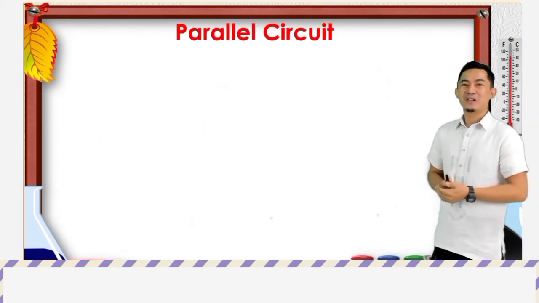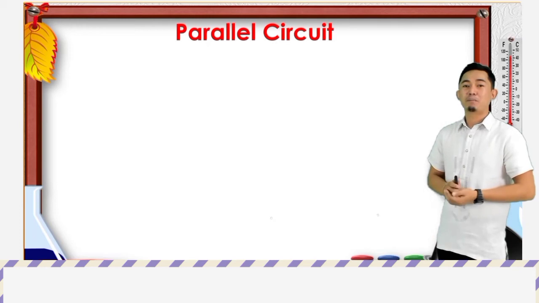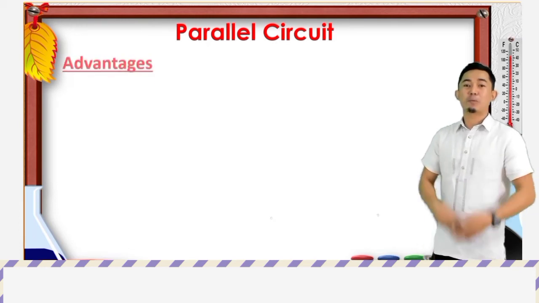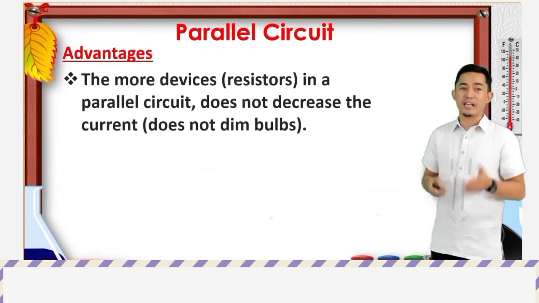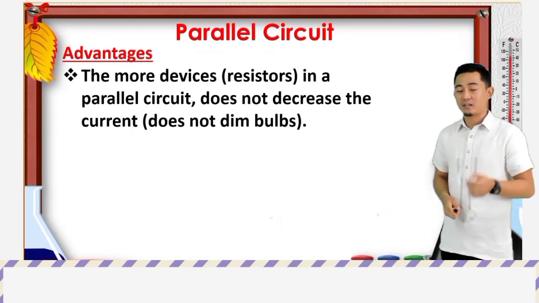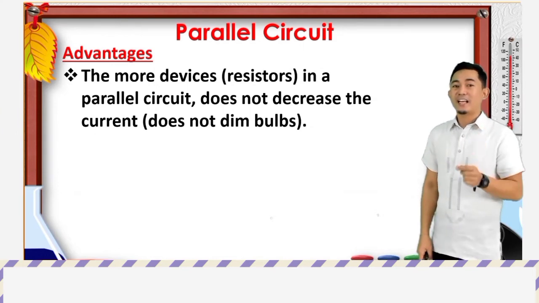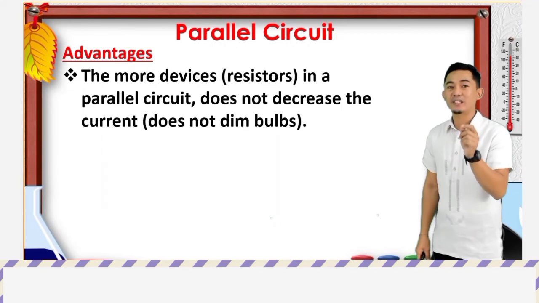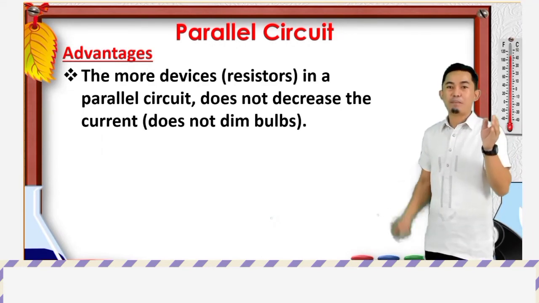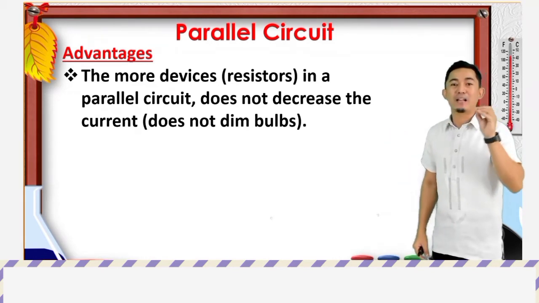Okay? So, to continue, let us proceed first to the advantages of a parallel circuit. As you notice on the screen, the more devices or resistors in a parallel circuit, it does not decrease the current or dim the bulbs. Unlike in series, if you remove one, all of the bulbs will not light.